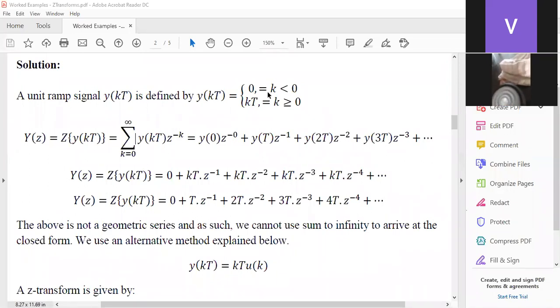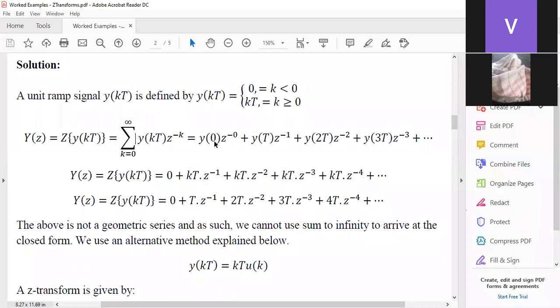Then you have 0 when k is less than 0. But remember that your Z transform starts from 0, so you don't even need this one, and even it's 0, so it's going to become 0. So when k is greater or equal to 0, you have k of t.